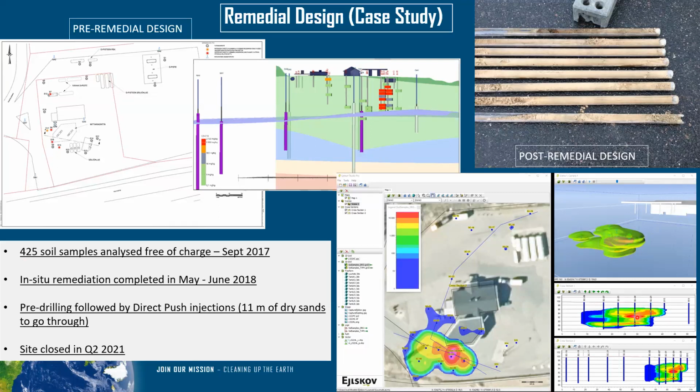As mentioned, the authorities were mostly concerned about groundwater quality at this site, and this allowed us to create an injection design which was focused on creating a horizontal barrier so that that overlaying contaminant mass would not threaten the groundwater aquifer anymore, and at the same time create a downstream barrier at the site to protect further migration of contaminants off-site. This site was completed between RDC and remediation between 2017 and 18, and we obtained a no further action in 2021.